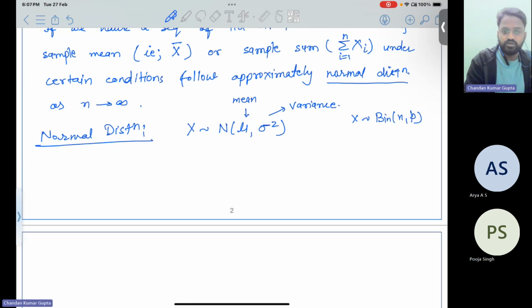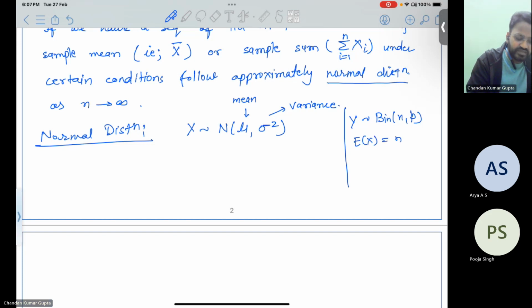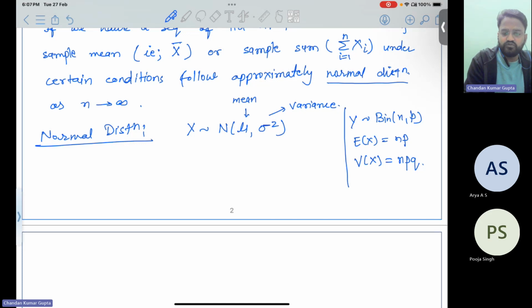Y is a random variable which follows binomial distribution with parameters N and P. But in this case, the mean is not N, it's NP, and the variance is NPQ. But in case of normal distribution, the mean is mu itself, and the variance is sigma square. So its parameters are the mean and variance.